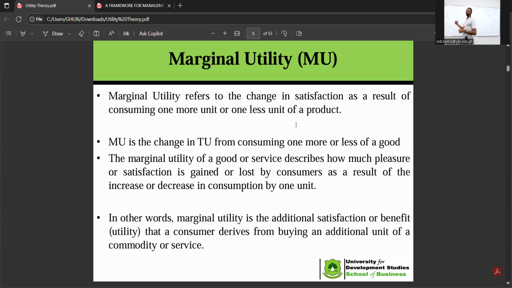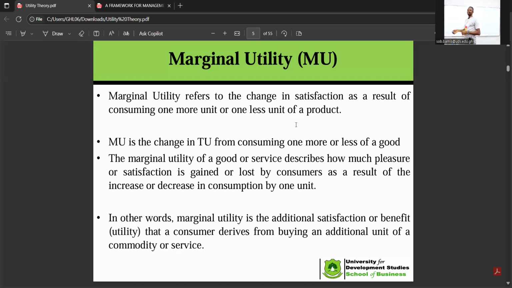The marginal utility. Okay, so for increasing your consumption of apples from 1 unit to 2 units, the change in your total utility by increasing the quantity of the apple that you consume is what we call marginal utility. So if the first unit gives you 2 utils, and upon consuming the second unit, your total utility increases from 2 utils to let's say 5 utils.